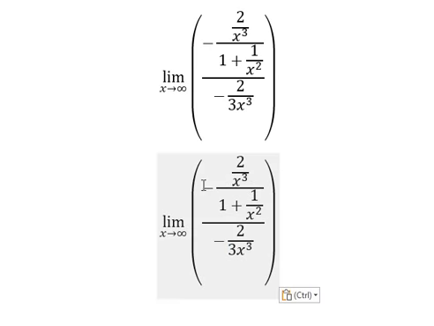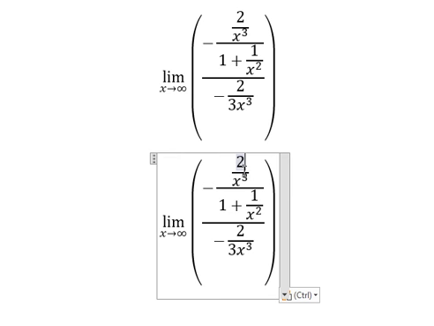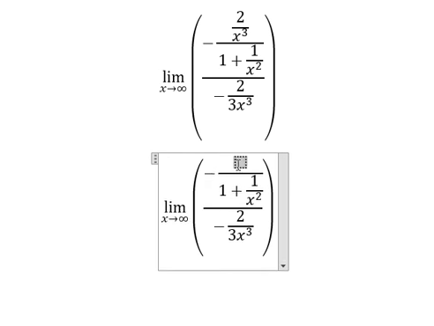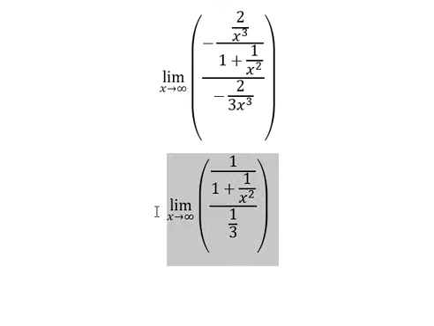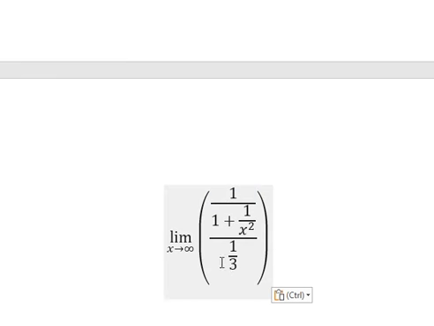Next, we simplify negative 2 over s to the power of 3 in the numerator and denominator. Now I will put 3 going here.